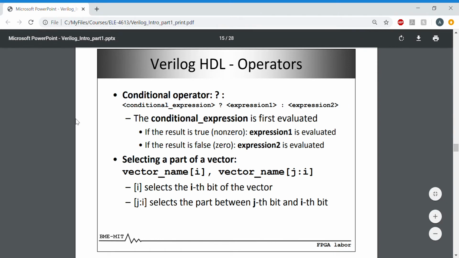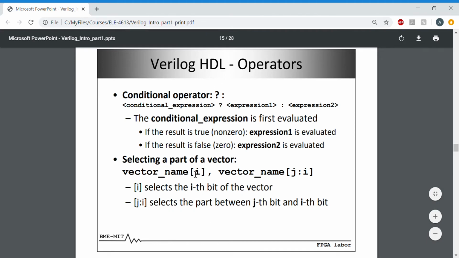You can embed that in many different statements. The conditional expression is first evaluated. If the result is true, non-zero, expression 1 is chosen and evaluated. If the result is false, expression 2 is chosen. So that's the conditional operator.